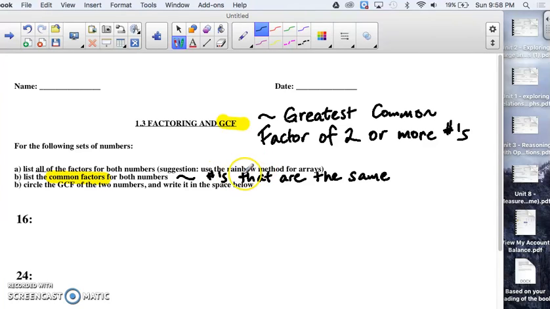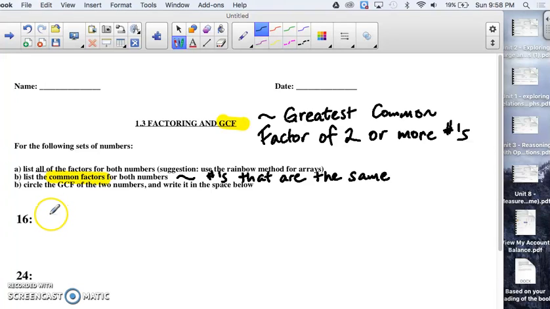My suggestion is to use the rainbow method for arrays, if you remember in the previous lesson. So with 16, and remember anything that I'm doing in black, you should be doing in pencil on your page. Factors of 16, if you want to pause the recording and try to do this yourself and then replay it afterwards, I invite you to do so. Otherwise, I'm going to continue.